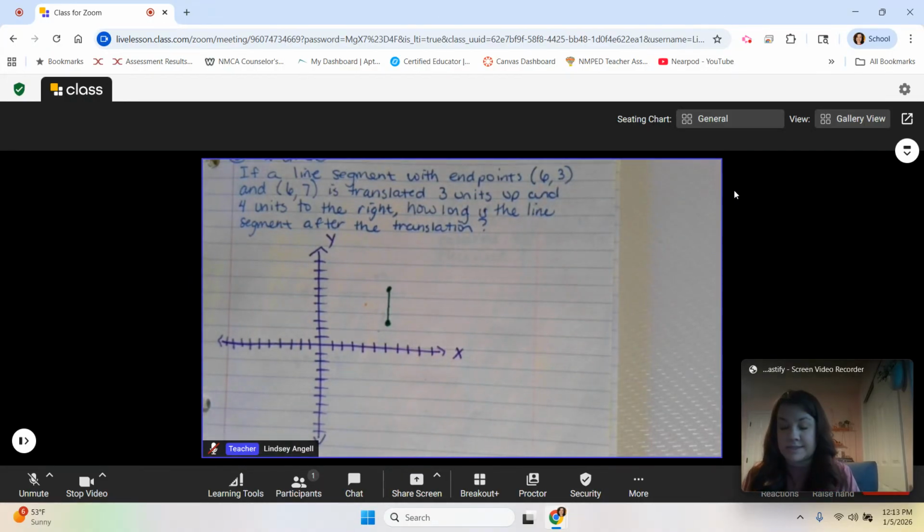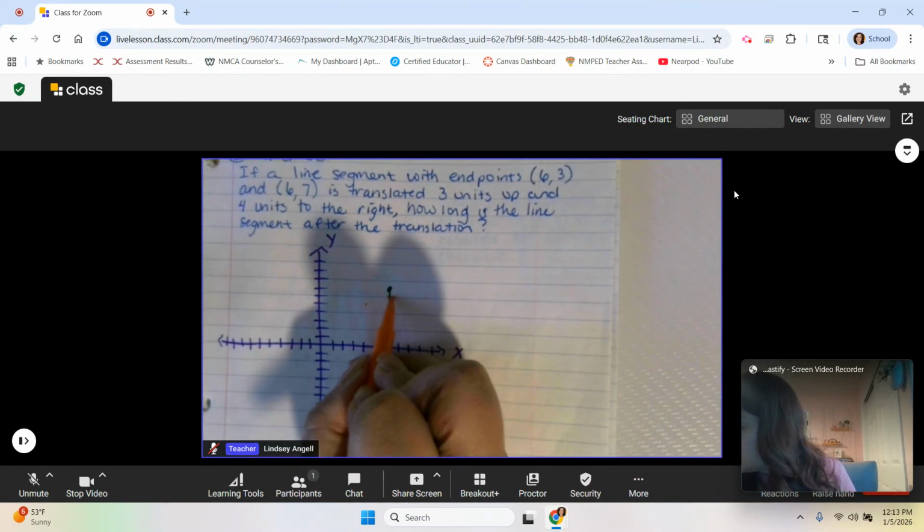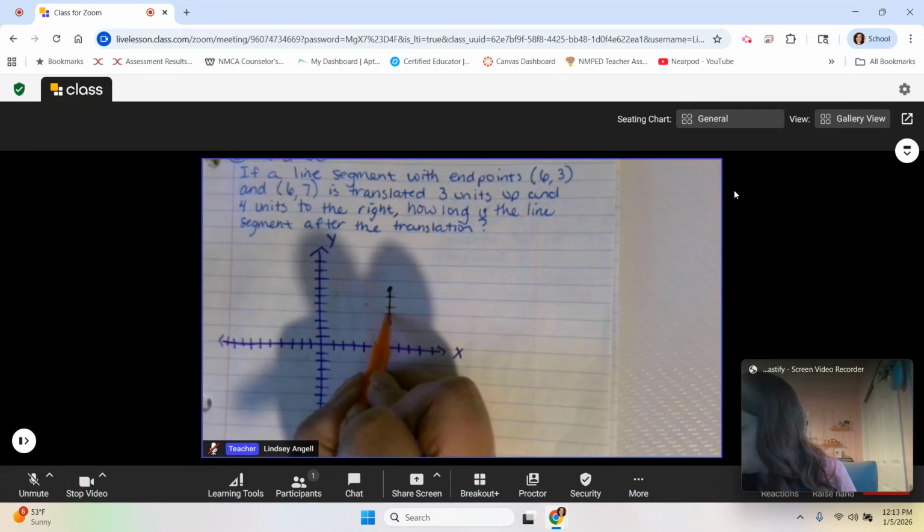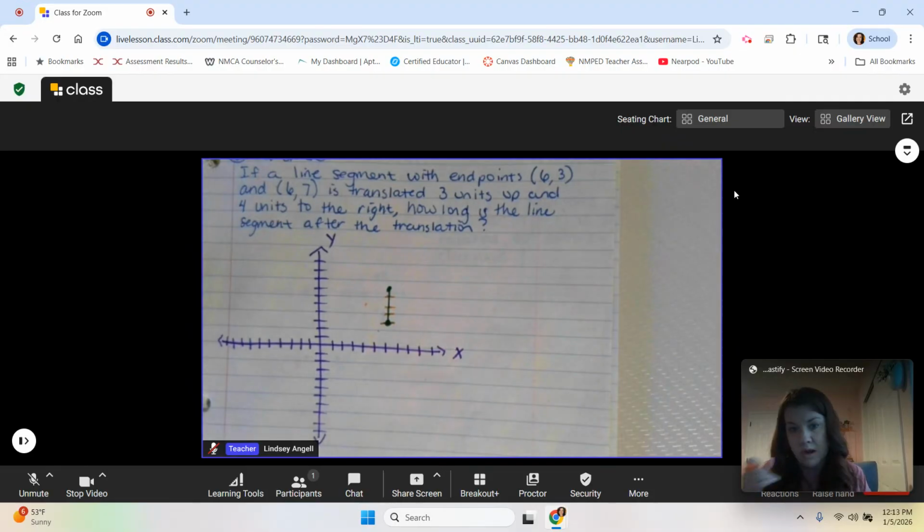If I draw the little tick marks to figure out how long that line is, from here to here there's 1, 2, 3, 4. It's a length of 4 units. But let's test that even after we translate it. It says up 3 units and to the right 4.